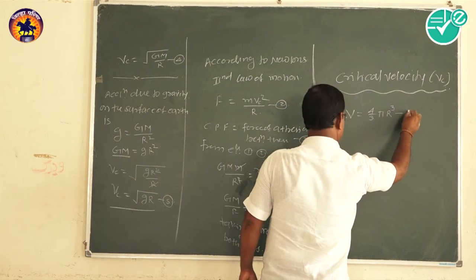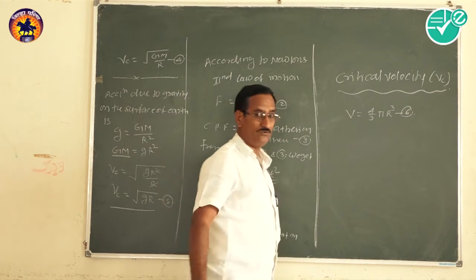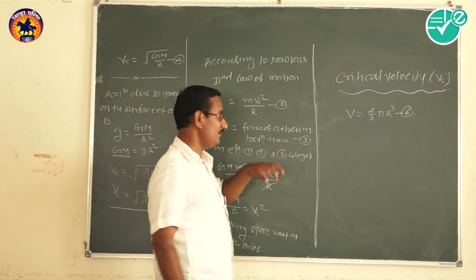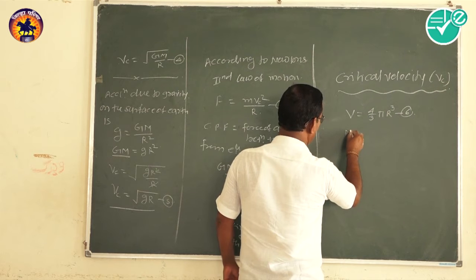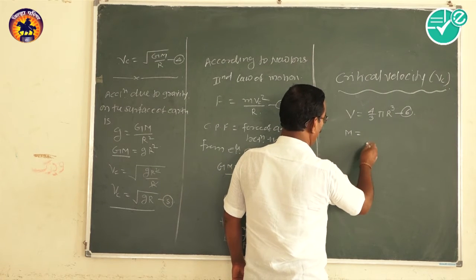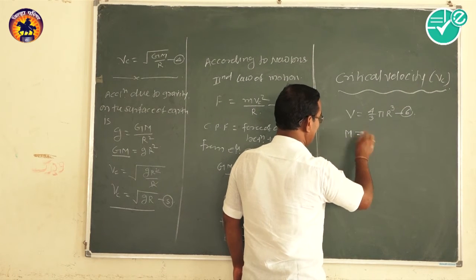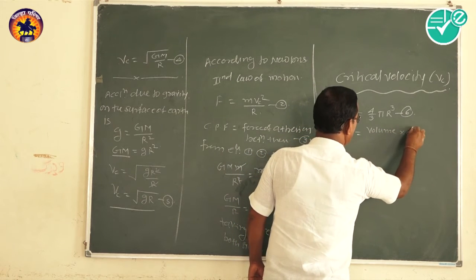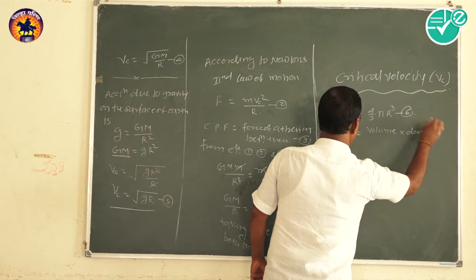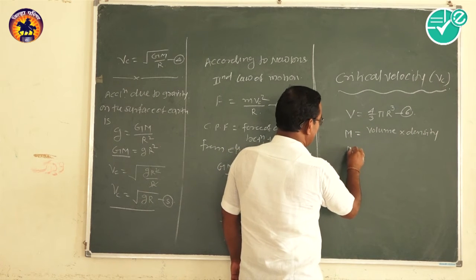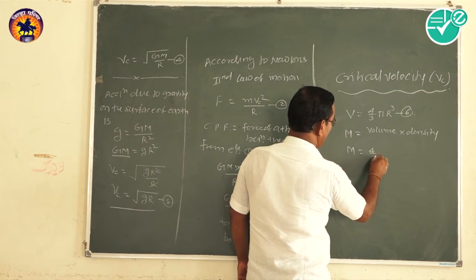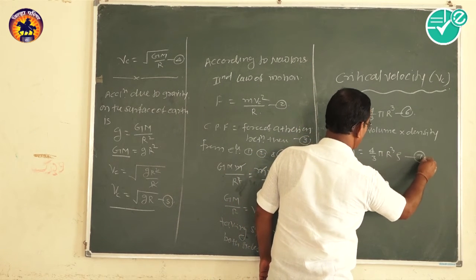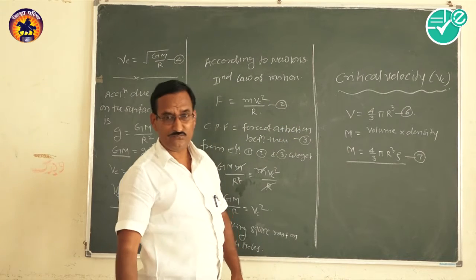That is equation 6. The mass of Earth, capital M, is equal to volume into density, that is, capital M is equal to 4 by 3 pi r cube into rho. That is equation 7.